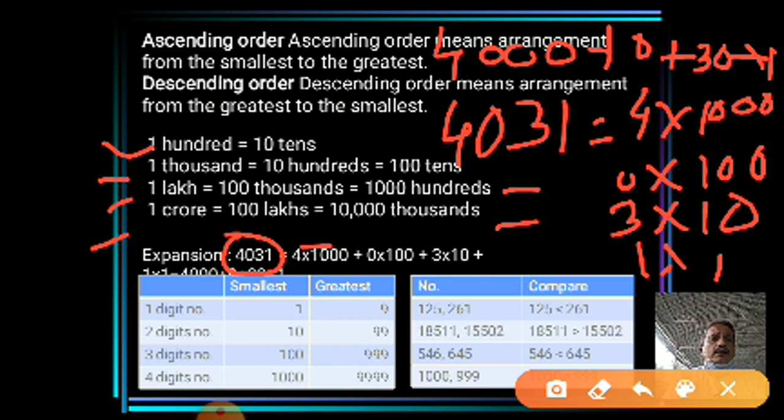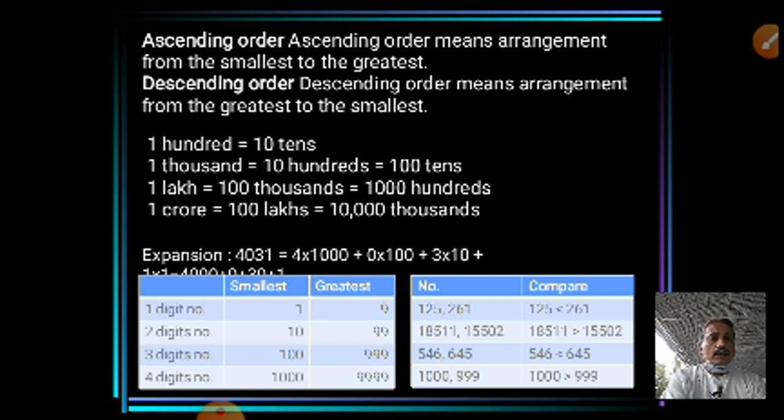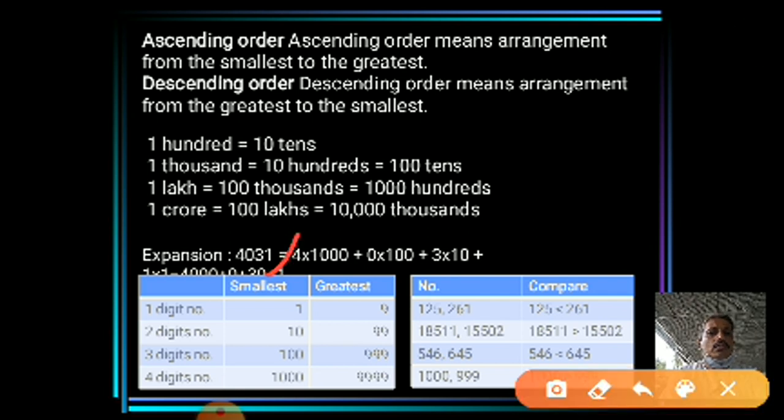Okay student, look here at some more important things. In the exam, these types of questions often come in the form of fill in the blanks, match the following, or true or false, and are very easy to remember. Here there are the smallest number and greatest number, or we can say small number and big number. One digit means one number only.